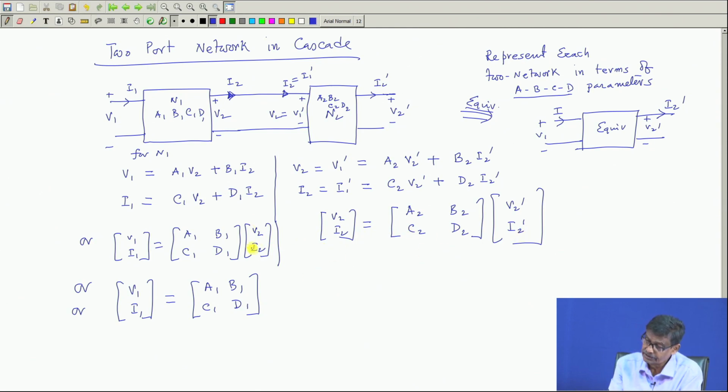So, substitute this column vector in terms of the product of A2 B2 C2 D2 and V2 dash I2 dash. So, this can be written as A2 B2 C2 and D2, and this will be V2 dashed and I2 dashed.